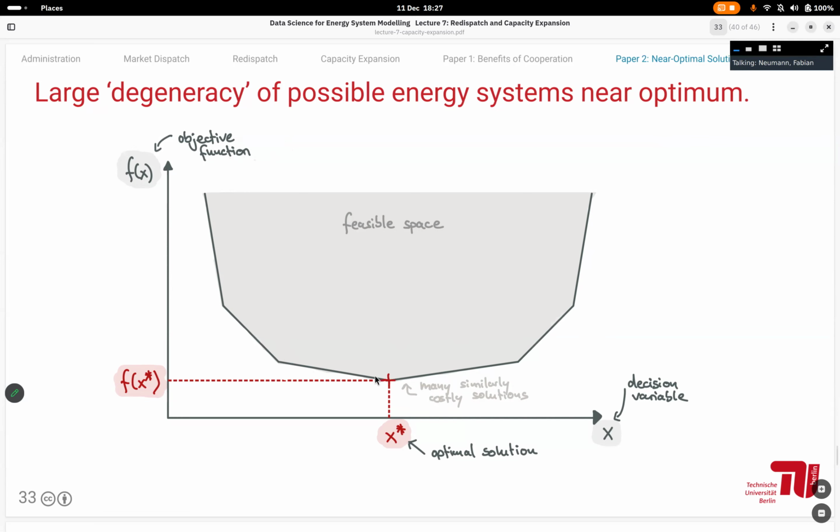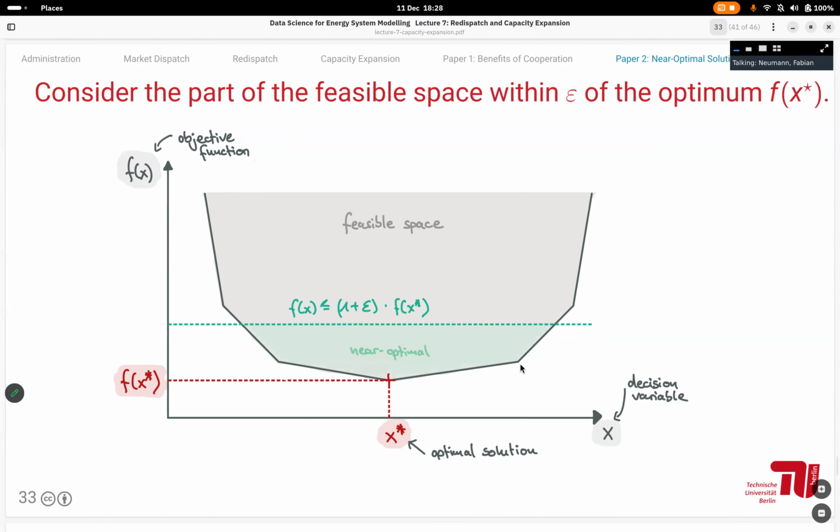But then you always have the optimal solution at one of the corners at the lowest point, but it might be very flat around it. So there might be very different solutions within a small cost penalty on the optimal objective.